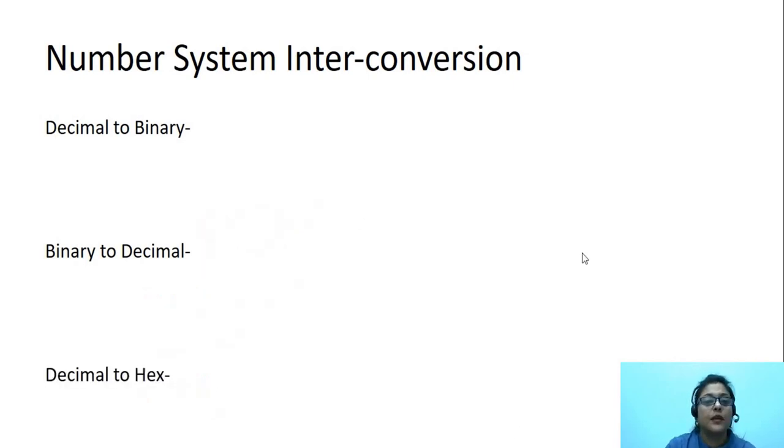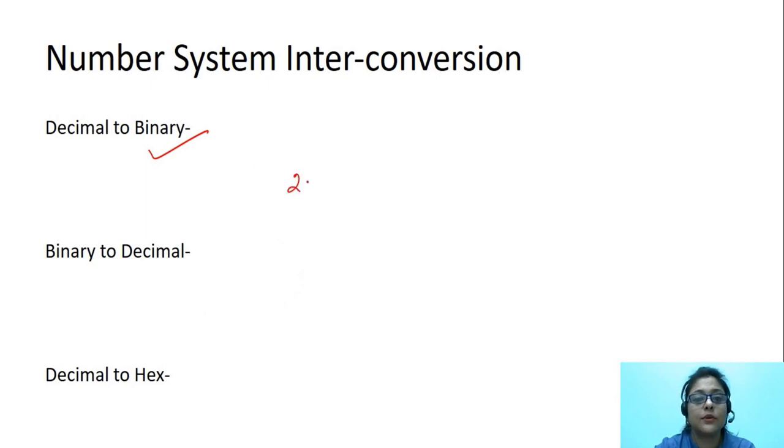Let's now understand how to convert a decimal to a hexadecimal number. In order to convert a decimal number to a hexadecimal number, we have to divide the number by 16 and follow the same procedure as we have done for decimal to binary number and start counting from below.